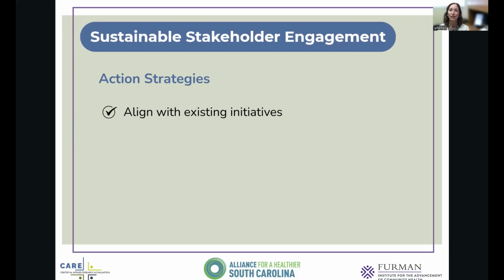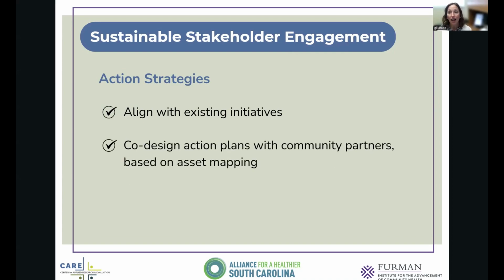And this really starts to get a little bit into the CHIP, but important to acknowledge right now, so we have it in the forefront of our minds as we're developing our CHNAs and our priorities, is how we can align existing initiatives, right? All of this should not fall just on the shoulders of the healthcare system. So how do we work with our community partners to align existing initiatives?